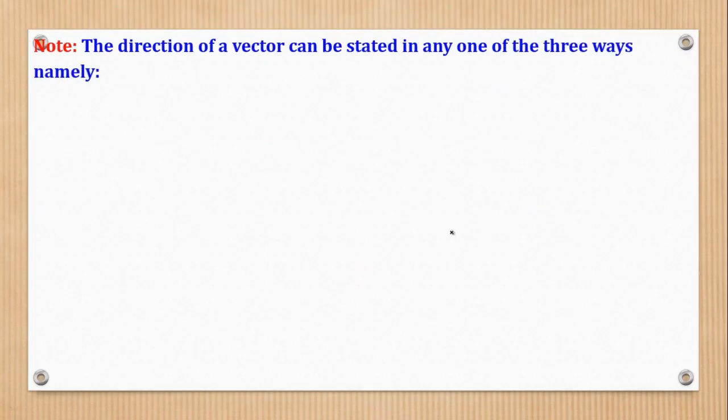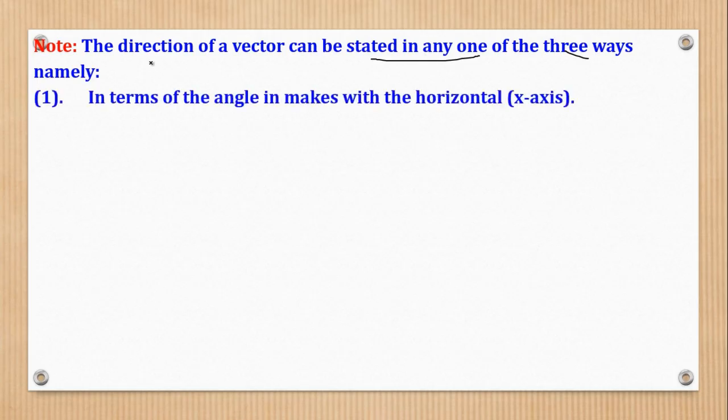So the direction of a vector can be stated in any of the 3 ways. In A-level, they'll tell you to get magnitude and direction of a vector. Now the question is, how do you state the direction? Direction can be stated in 3 ways. One can be in terms of the angle it makes with the horizontal or x-axis.